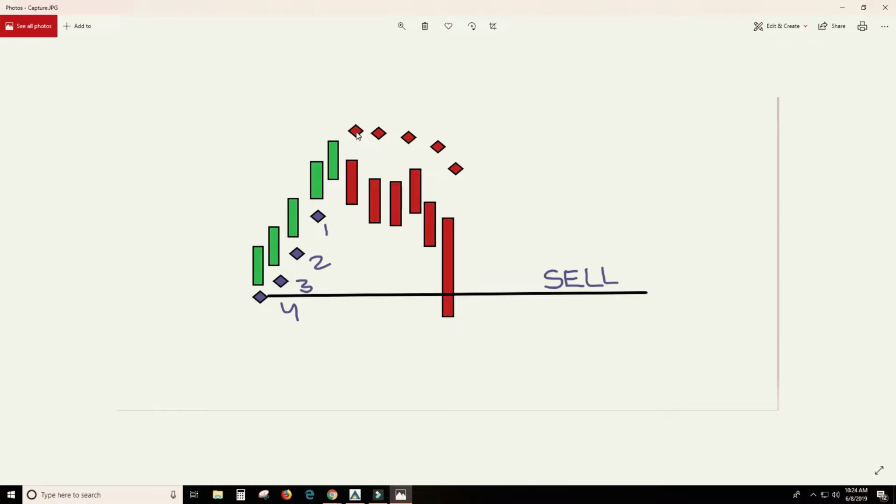Just after the sell signal came, I would count the buy signal dots which show the change: 1, 2, 3, 4, the fourth dot. I would make a horizontal line there. So this is my support level even after the sell signal came. Anything closing below this level would be a shorting opportunity, and you can carry it forward.